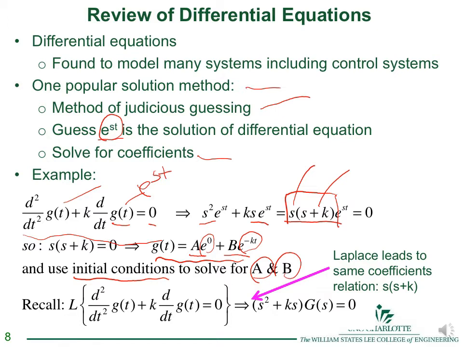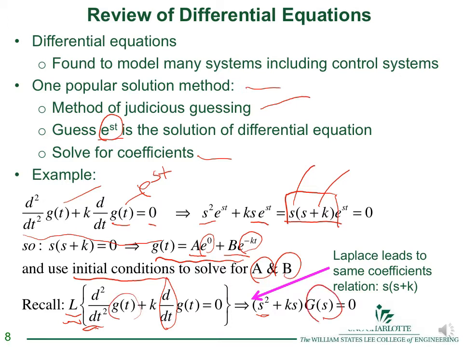Instead of using the art of judicious guessing, we could have just used the Laplace transform directly. We could have taken the Laplace transform of the whole formula. If you recall, the Laplace transform of a derivative is just to multiply by s. So we have a factor s and a factor s squared, since we took the derivative twice for the first term. The Laplace transform of g(t) is G(s).